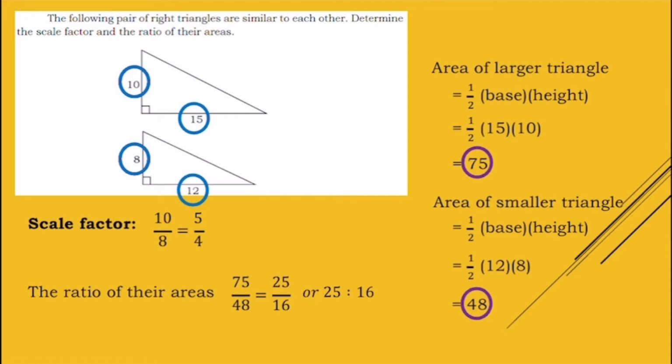And as you notice, if we square our scale factor, it is equal to the ratio of their areas, which is 25 over 16, from 5 squared over 4 squared. Now, we observe from examples 5 and 6 that the ratio of the areas of similar polygons is equal to the square of their scale factor.